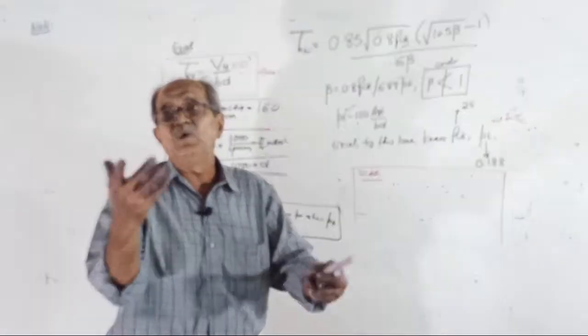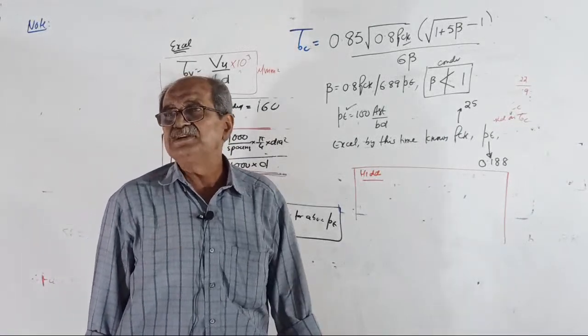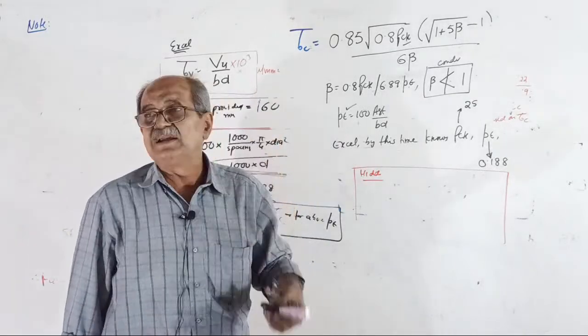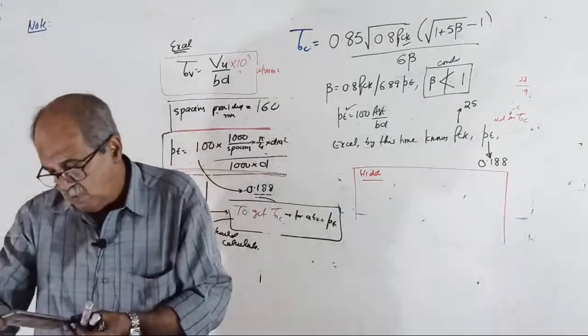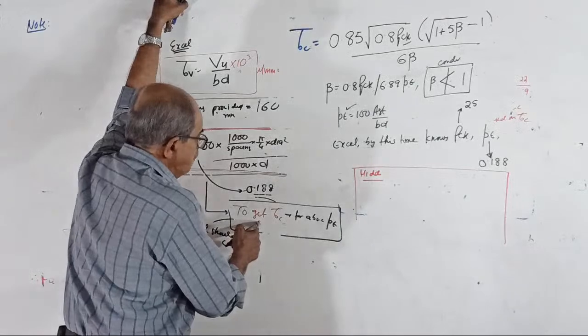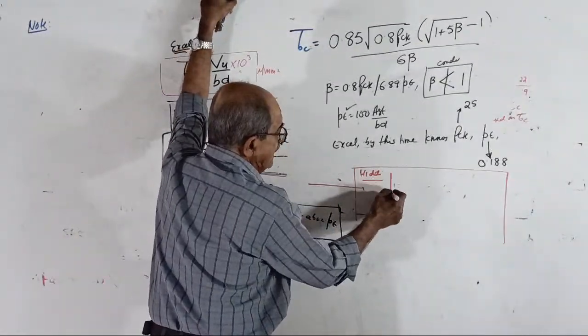It will not calculate. Before writing the equation for tau c, you should tell Excel how to calculate beta. Before you put a heading to get tau c, tell Excel to get beta.